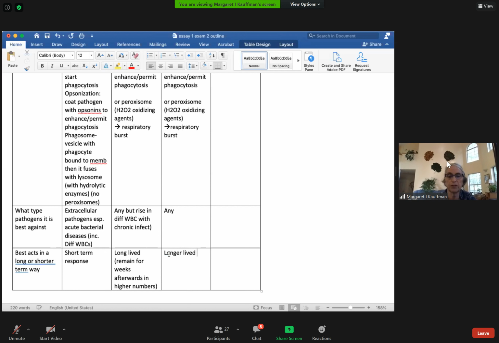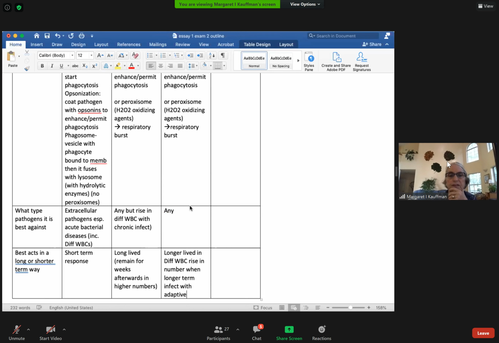So for your differential white blood cell count, you would see these rise in number when you have a longer term infection with an adaptive response, because that's where their main role is going to be.